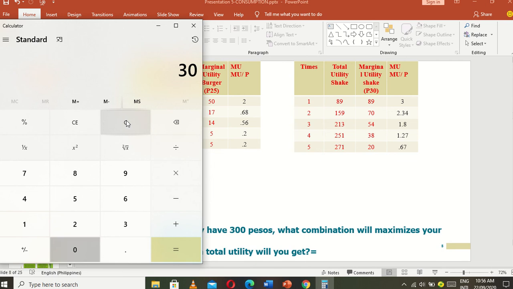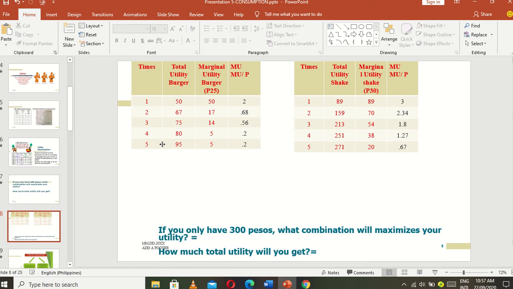And then 30 times 5 makes it 150 plus 125. So we got 275.